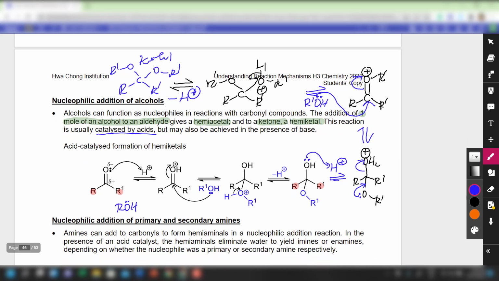If you're interested, you might want to read on regarding the nucleophilic addition of alcohols, this series of steps. But you notice that it is not a simple nucleophilic addition. You need to modify the mechanism a little bit, including a series of protonation and deprotonation. I think that was highlighted in activity 6.